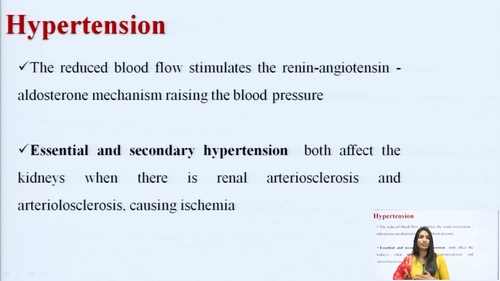So what is hypertension? If there is increased, elevated blood pressure, you can term it as hypertension, right? So hypertension क्या होता है बेटा? It is mainly of two types. Primary hypertension होता है, secondary hypertension होता है. Primary hypertension is the most common hypertension, but इसका cause पता नहीं होता है.